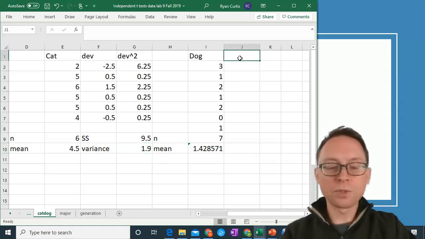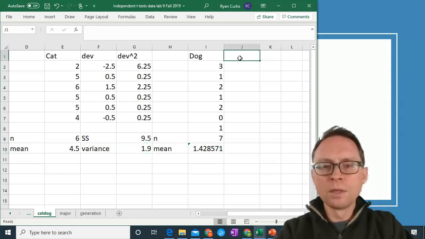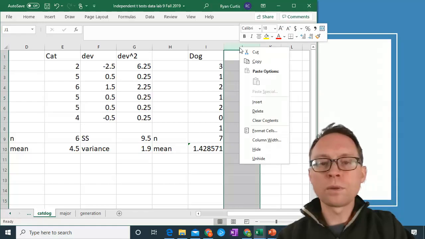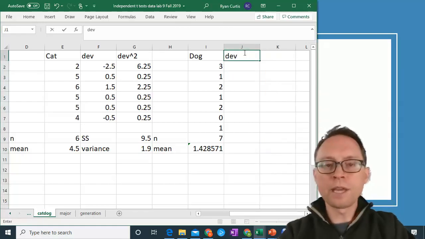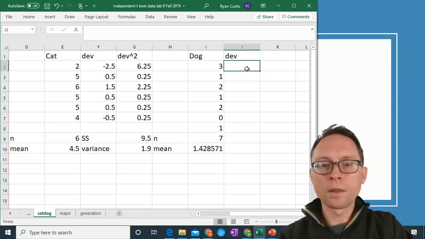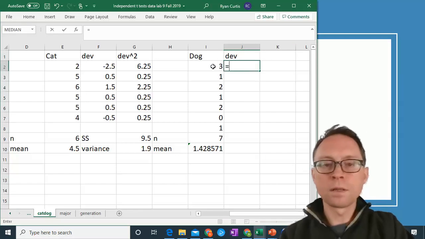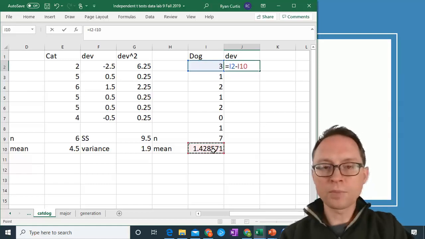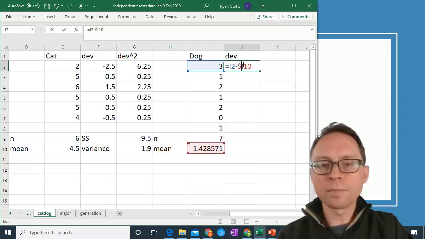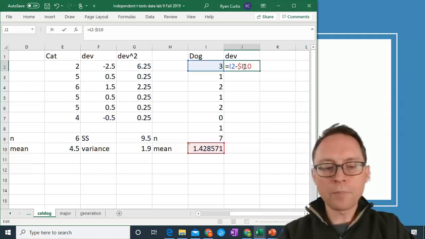Let's do the same process with dog people. So I need just one more column. Deviation is x minus x bar. Now for my own purposes, let me just put the dollar signs in there, keep it in place so I can copy it.